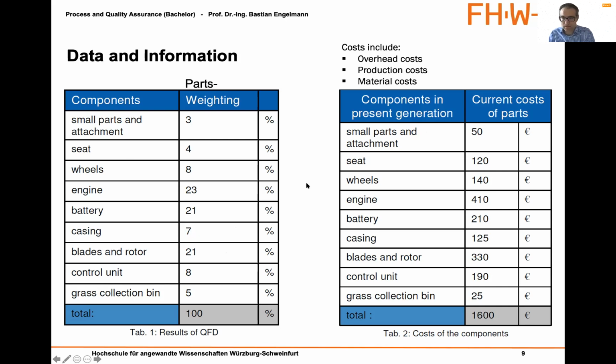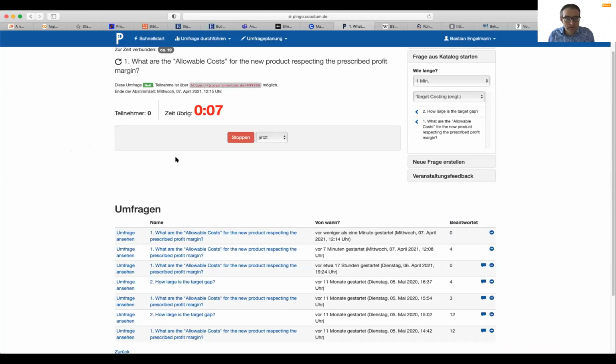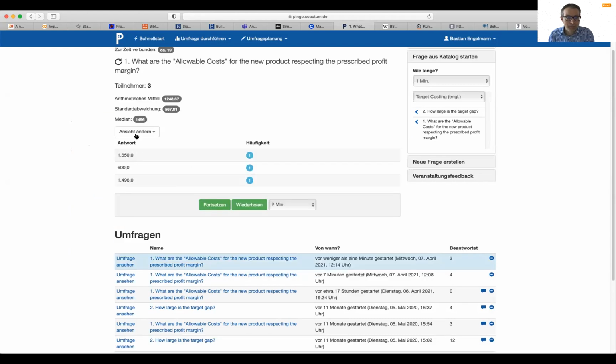What are the drifting costs we have for our lawnmower? You can also, oh, we have 3 answers here. Let's have a look. The question was on the slide, what are our drifting costs?